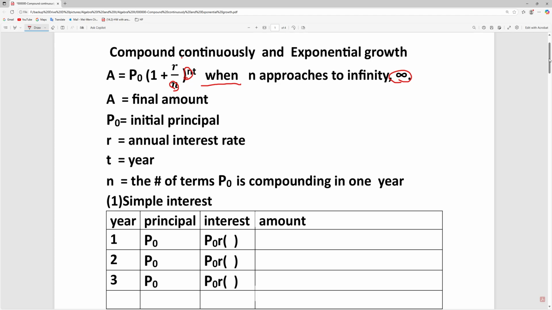So compound continuously, another name is exponential growth. Same thing, I will explain more detailed concept later. But in order to understand exponential growth, this very complicated formula, we are going to learn later.